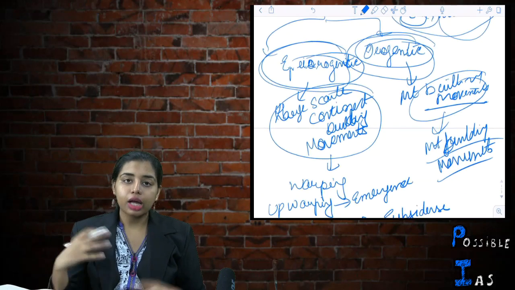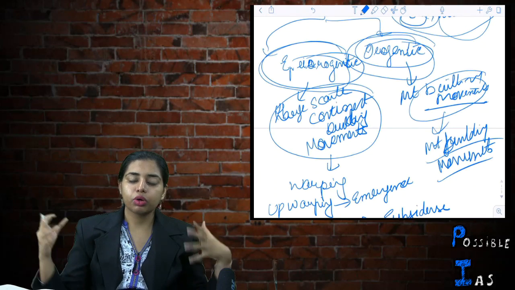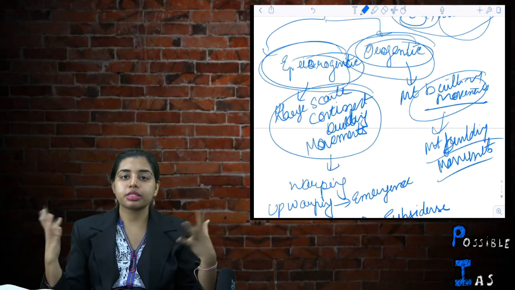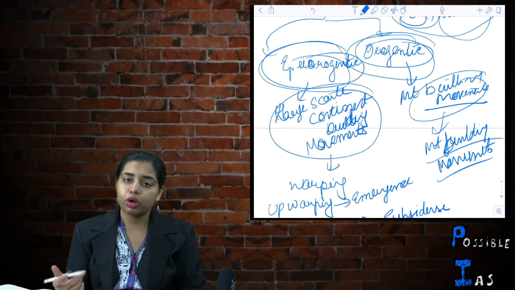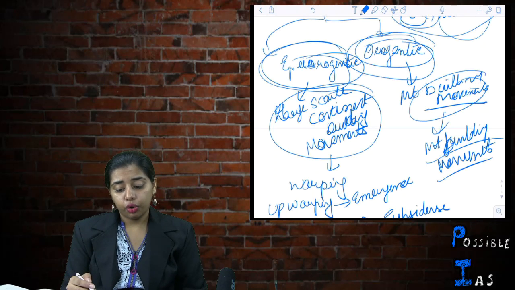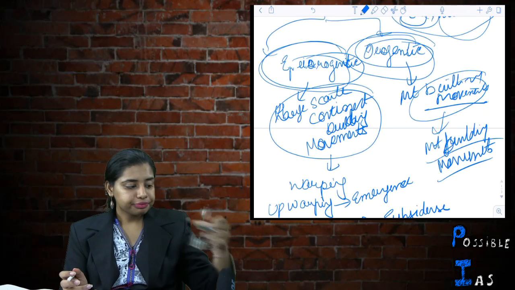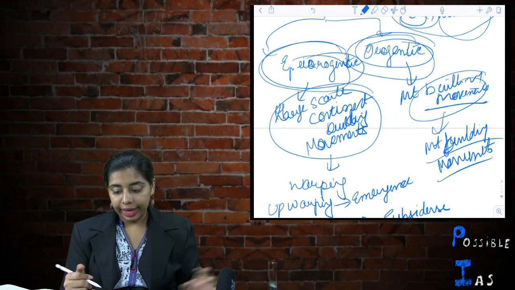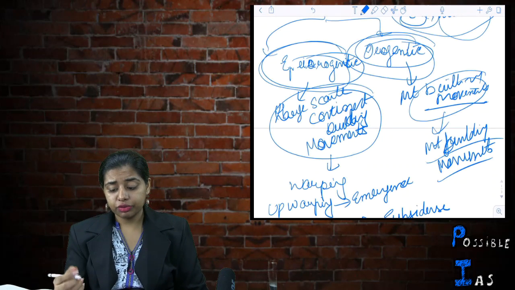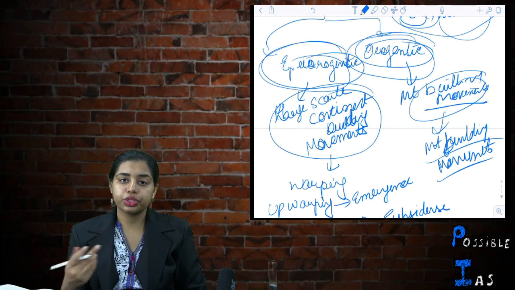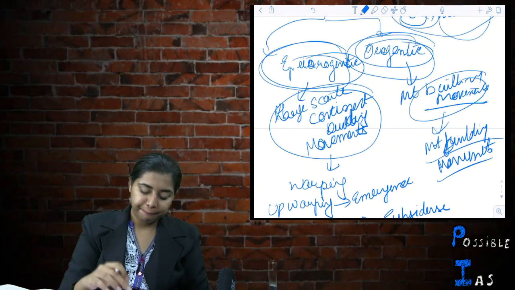So epirogenetic are large continental scale movements. When such large chunks are uplifted, it is known as upwarping. When such large chunks they subside, it is known as downwarping or subsidence. Orogenic movements are mountain building movements, and these result from what? That because of different forces such as folding, faulting, such orogenic movements are formed.